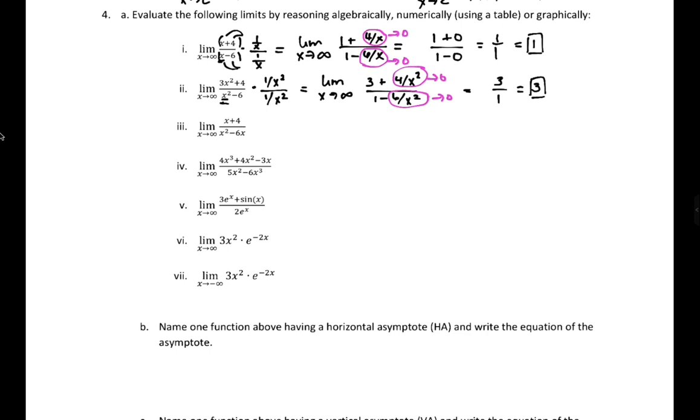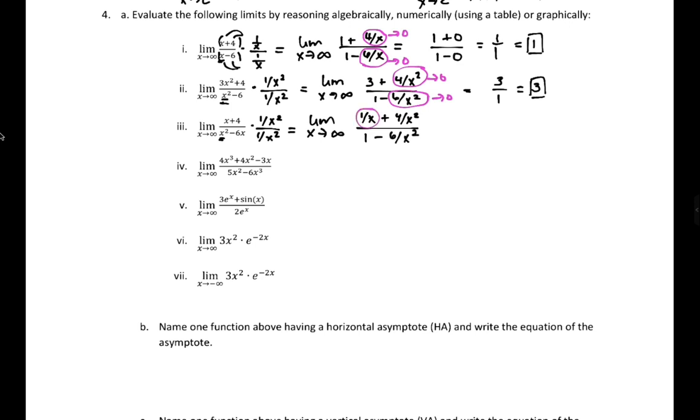For part 3, the highest power in the denominator is x squared, so again I divide top and bottom by x squared. This will be the limit as x approaches infinity of 1 over x plus 4 over x squared, all over 1 minus 6 over x squared.